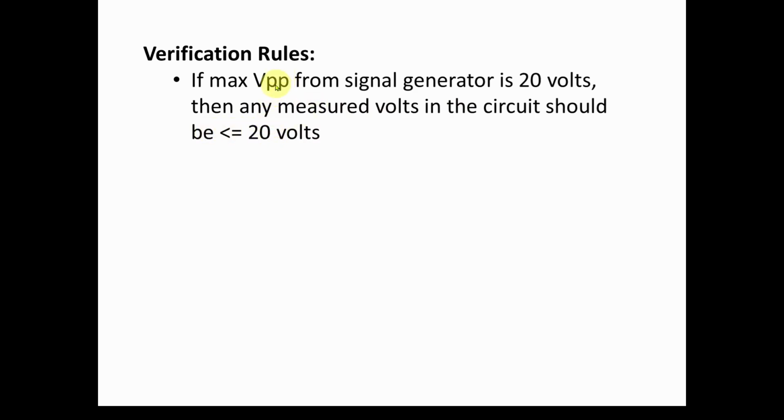If you can only output 20 volts, probably you're only going to get results that are 20 volts or less. Now, you may have some amplification, but you got to be knowledgeable about the characteristics of your devices and your circuit. So that could be a rule that we can apply. Say, hey, we're not going to accept any voltage that's outside the range the signal generator can produce.